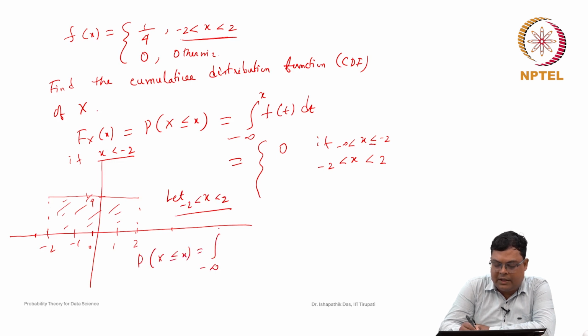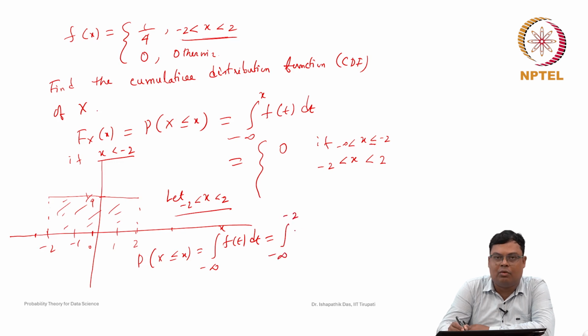This is nothing but the integral from minus infinity to x. I have to take a different variable. Because the density does not exist before minus 2, we have to break it: the integral from minus infinity to minus 2 of f(t) dt plus the integral from minus 2 to x of f(t) dt.